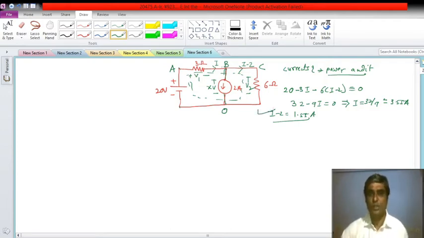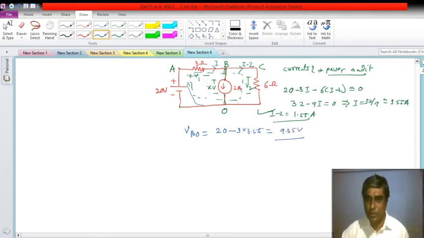Now let me obtain the voltage drop across the current source. I have to obtain VBO, and to obtain VBO, I can go either from O to A to B, or from O to C to B. Suppose I am going this way, it will be a voltage rise of 20 minus 3 into I, that is minus 3 into 3.55, which will be 9.35 volt.